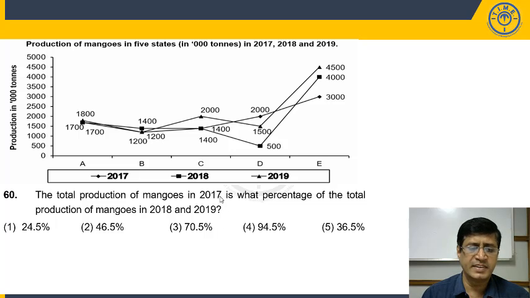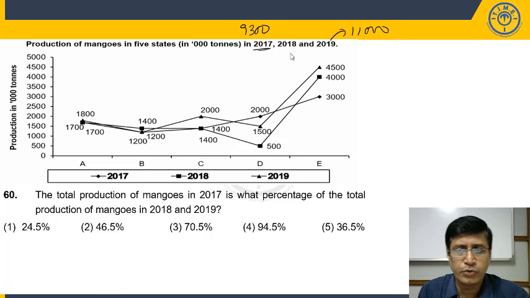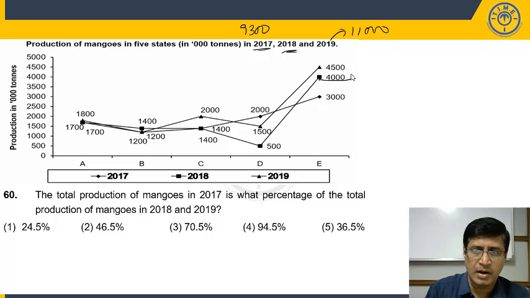In the previous example, like question number 58, I think, we found the value of 2019 and 2017. 2019 value is 11,000 and 2017 value was 9,300. Just we need to find out the 2018 value. 2018 value means some of these values we need to find. 4,000 plus 500 plus 1,400.